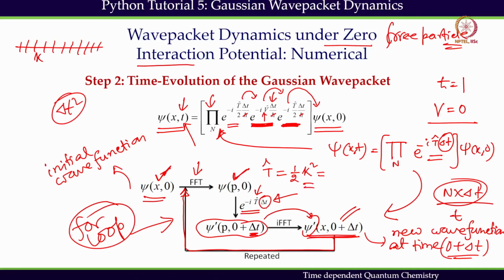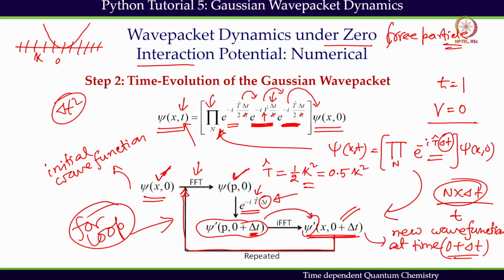So, we can see that kinetic energy in the k domain is actually quadratic in nature, which means it spreads out on both sides of 0. It is quadratic in the momentum domain, and it should be half k square in atomic units. So, we will express it as 0.5 k square. That is the kinetic energy operator in the k space.